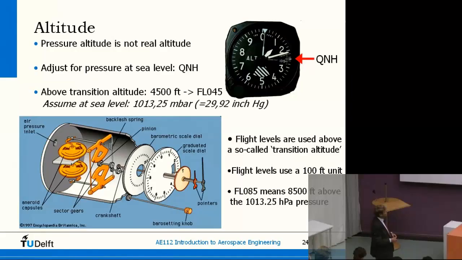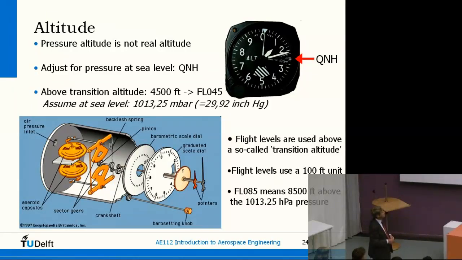And also to avoid confusion on which altitude you're talking about, we use the words flight level above the transition level, and we use the term feet below. So if somebody says, I'm at 5,000 feet, you know it's relative to the sea level, and also that the transition altitude is higher than 4,500. So 2,000 feet, 3,000 feet, those are altitudes expressed in feet.